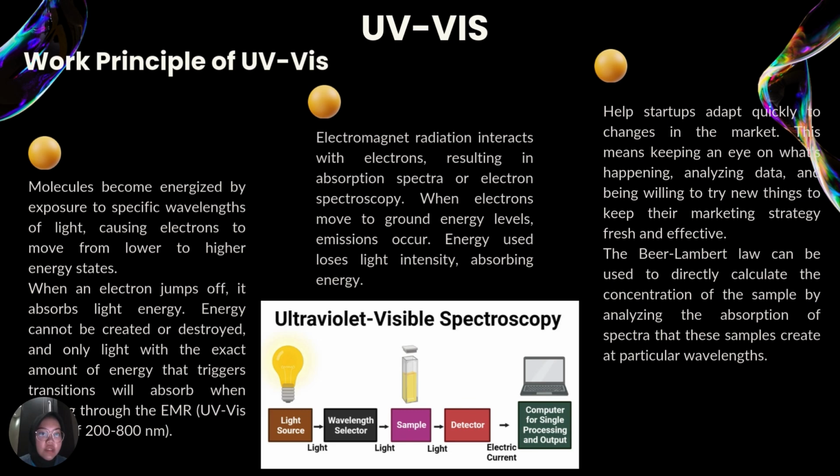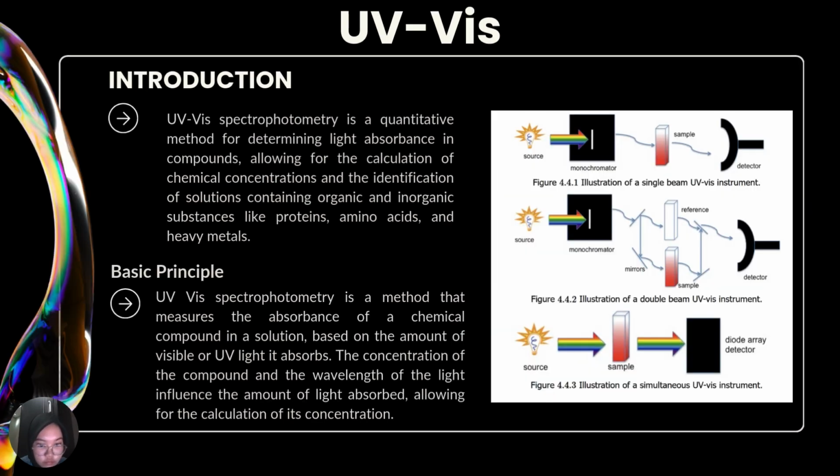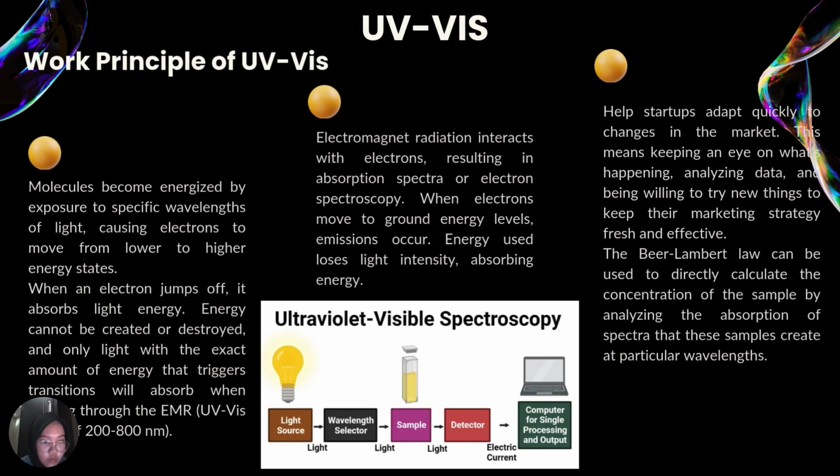For the principle of UV-Vis, molecules become energized by exposure to specific wavelengths of light, causing electrons to move from lower to higher energy states. When an electron jumps, it absorbs light energy. Energy cannot be created or destroyed, and only light with the exact amount of energy that triggers the transition will be absorbed through the EMR.